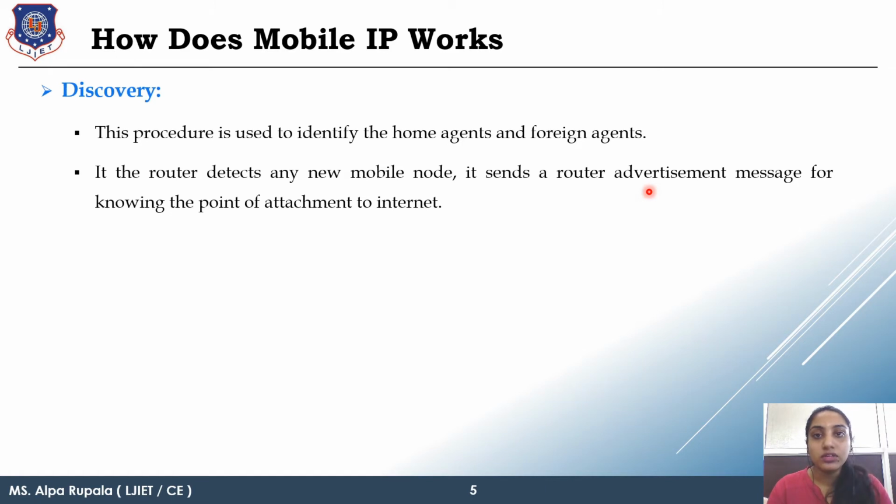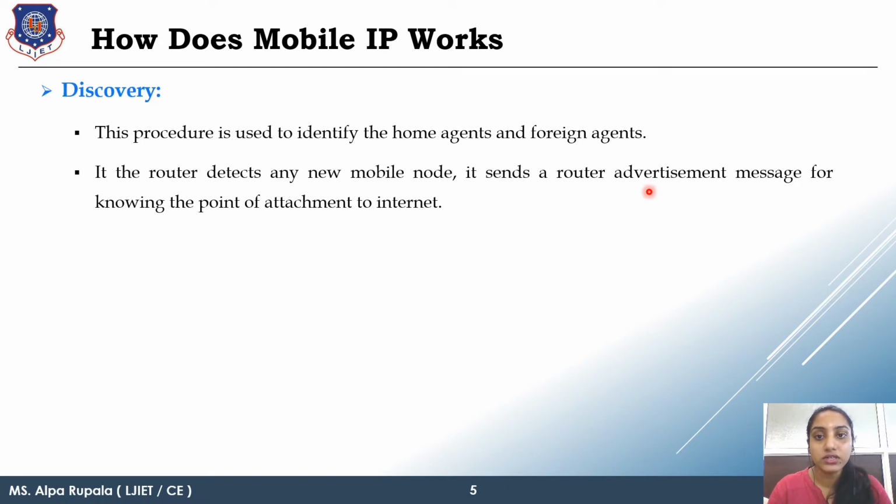Now the task of your agent, or you can say router, is what? It will compare its own network address and the network address given by the mobile node. Ultimately, the IP address contains a network address and a node address. The prefix of your IP address is the network address.